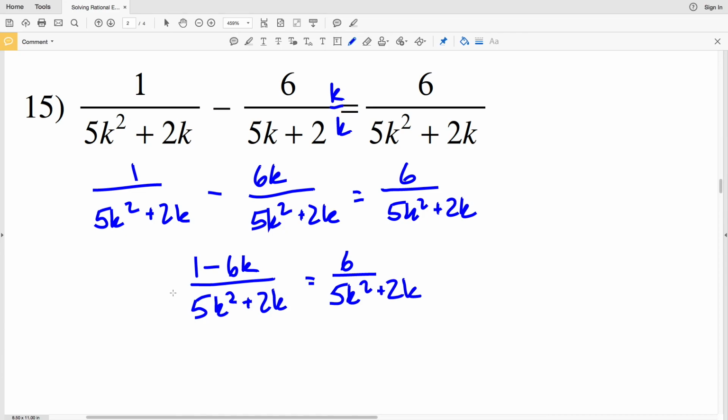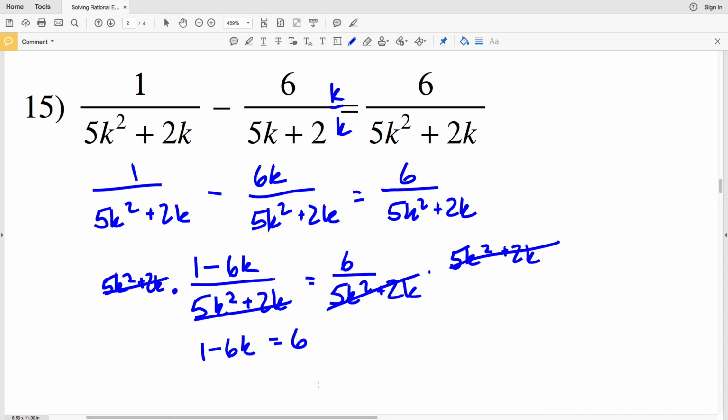I'm going to multiply both sides by 5k squared plus 2k, which is the same as multiplying by 5k plus 2 times k. So 5k squared plus 2k. On both sides, the denominator will be canceled out, and we'll have 1 minus 6k equal 6.